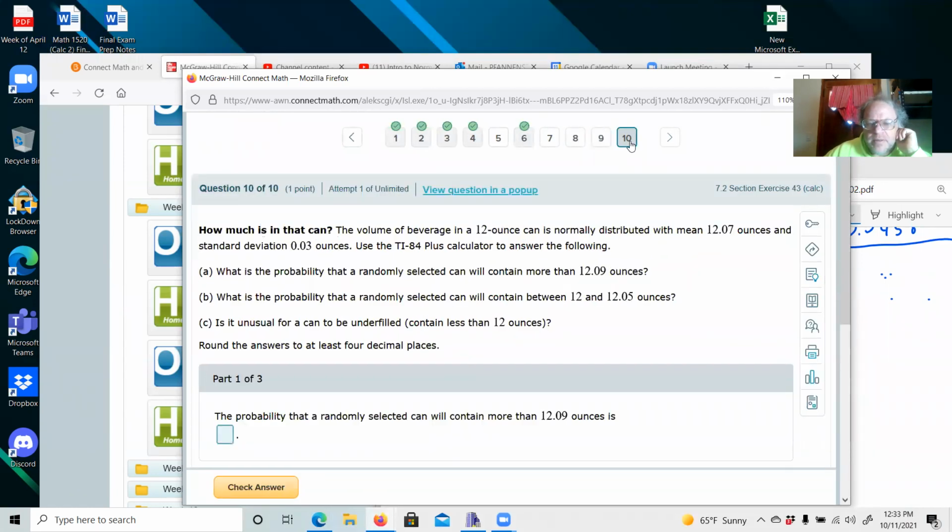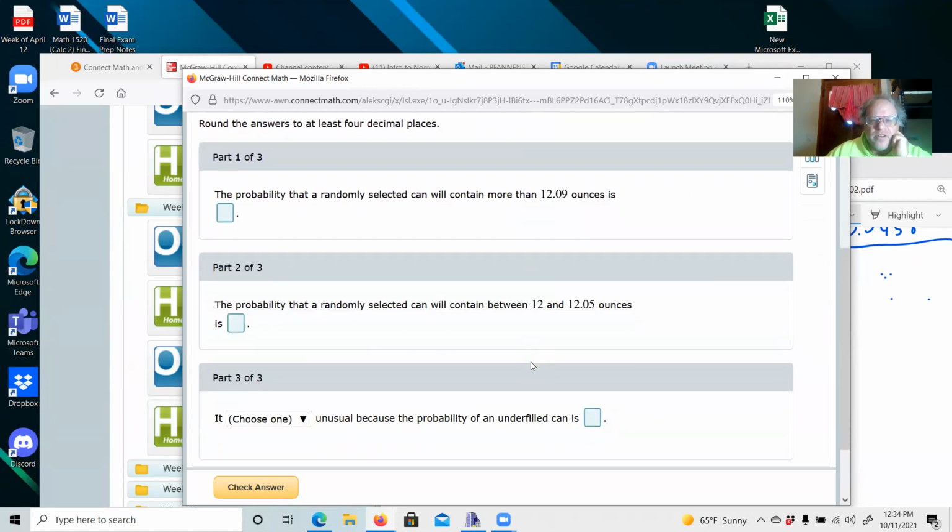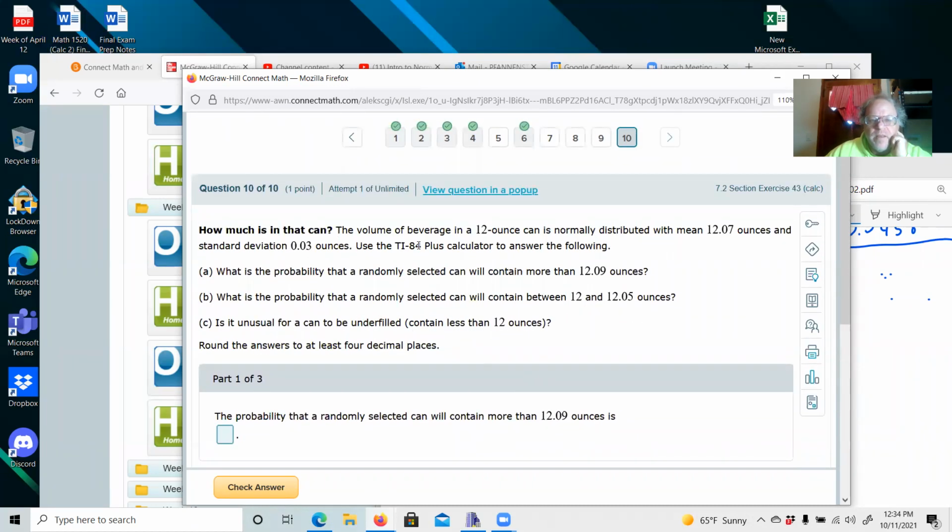Let's see. This one is good. Not as good, but decent. Average volume of beverage in a 12-ounce can is normally distributed with a mean of 12.07 and a standard deviation of 0.03. The reason they do that is they don't want to get sued for false advertising, so they make sure it's a little bit over what they advertised.